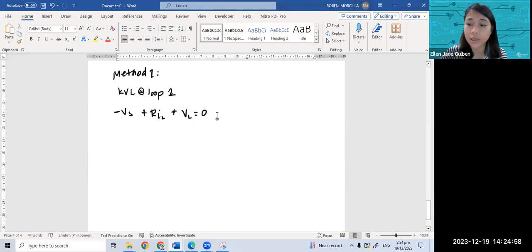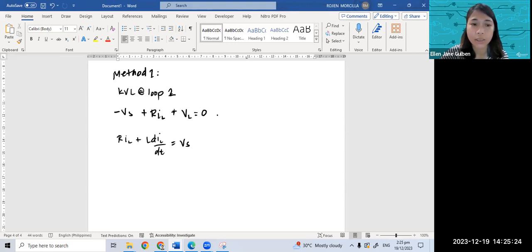So VL we will transform into current, which is VL equal to L di/dt. And VS we move to the other side, we get R IL plus L dIL/dt is equal to Vs. Okay, so we have a first order differential equation.